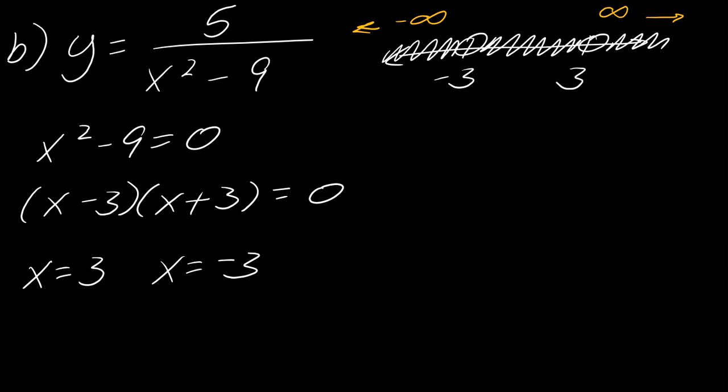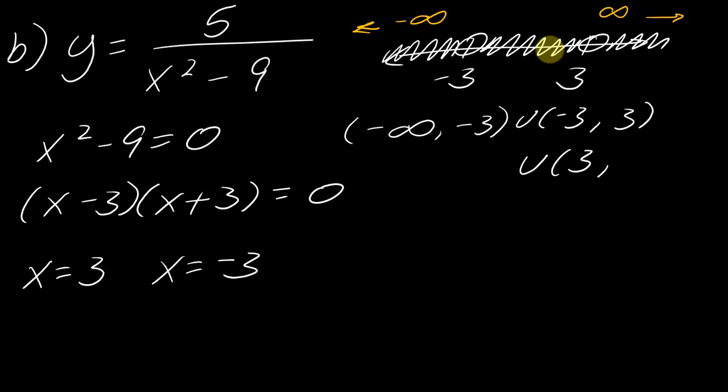Now if I go from left to right, I'm starting at negative infinity. I go all the way to negative 3, and I need to make a jump at negative 3. From negative 3, I'm going to continue on up to 3, and then at 3, I'm going to jump over 3, and then continue on down the line. Ideally I would have put this all in one line, but I'm running out of space.